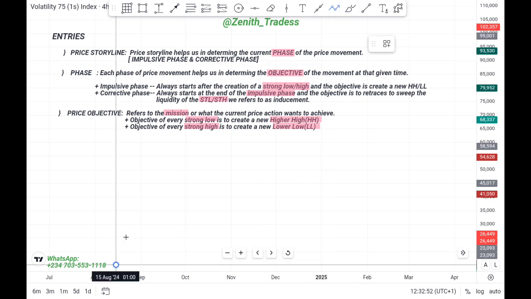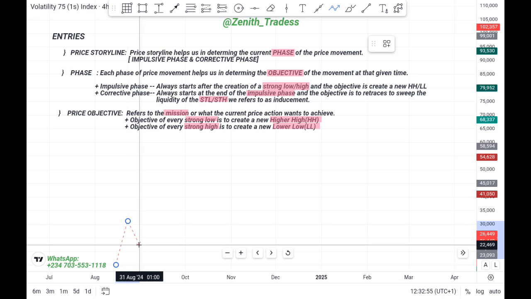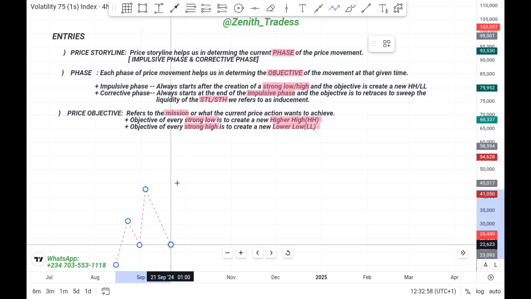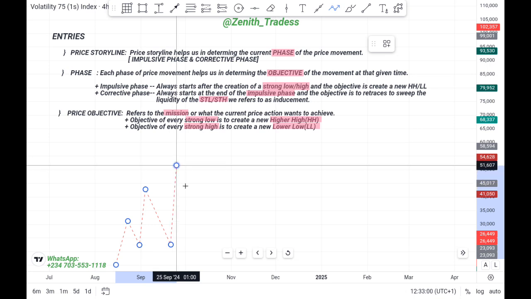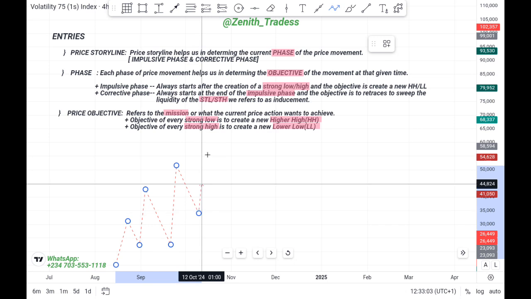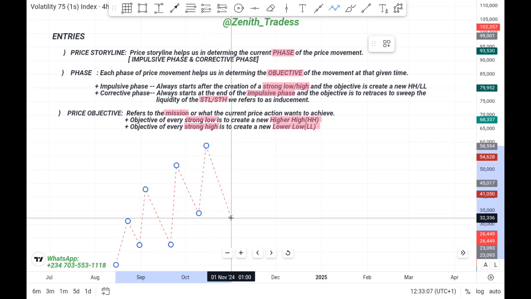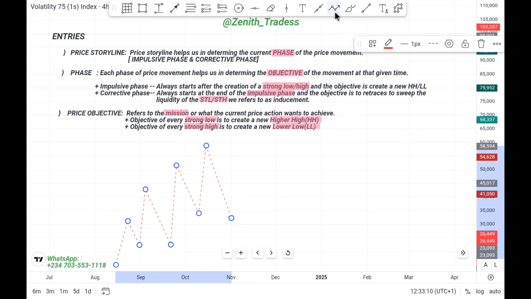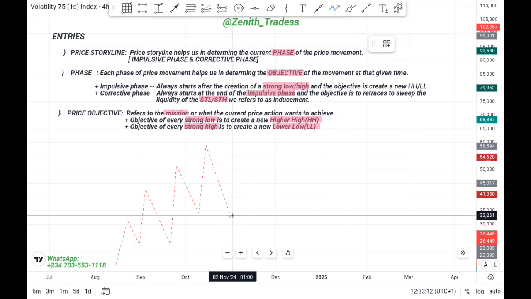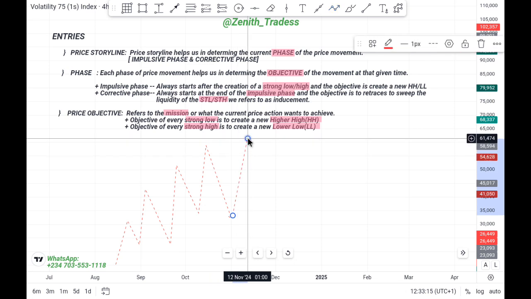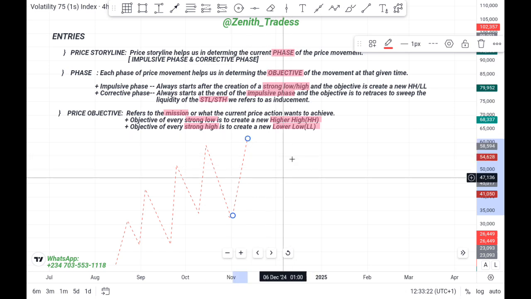I said price is giving us higher high, higher low. We have already discussed this in our structure marking, so this is not a simple structure. You should understand why those major lows are coming to take out the inducement, that is the structural low. So if we have a structure, a bullish order flow like this, from our definition, price storyline helps us to determine the current phase of price movement.